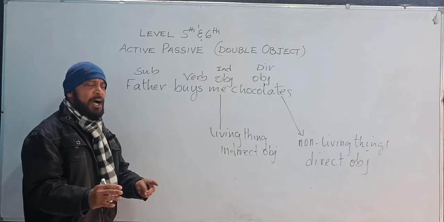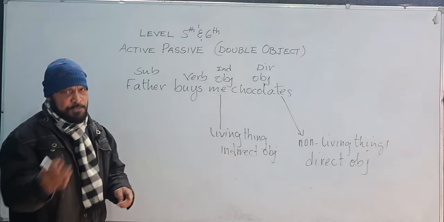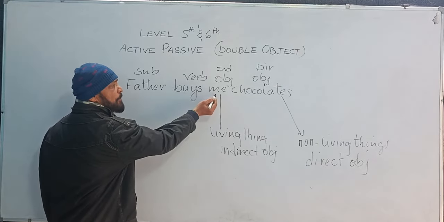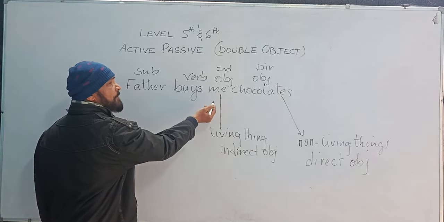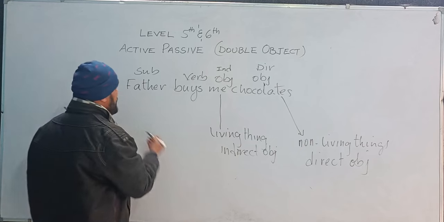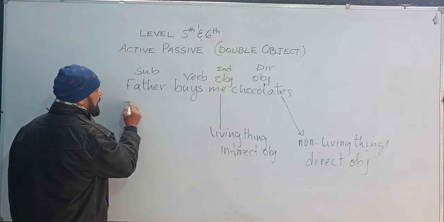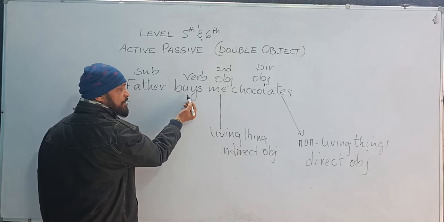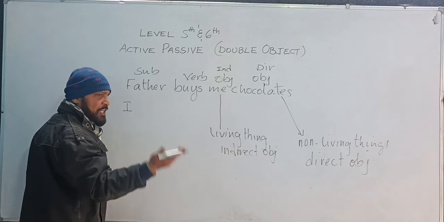Now remember, after the verb, we have the object, which is in the objective form. Pronouns are in the subjective form, objective form, possessive form, and reflexive form. After the verb we have the objective form. When we bring this before the verb, it becomes subject. So we'll say, me becomes I, and because you have present indefinite, you have to use is, am, are, that you know from class 4 and 5.